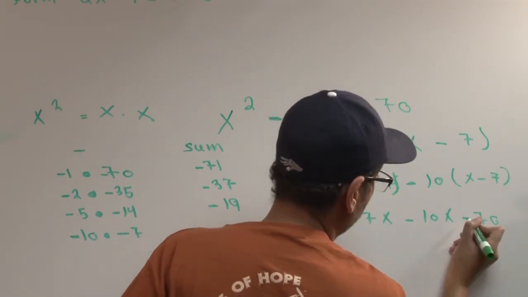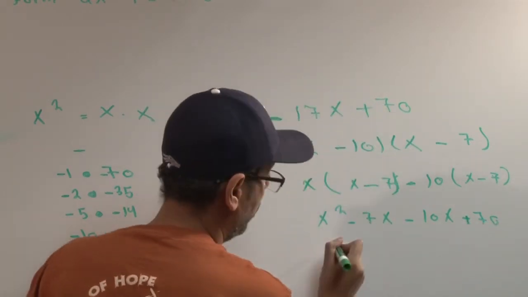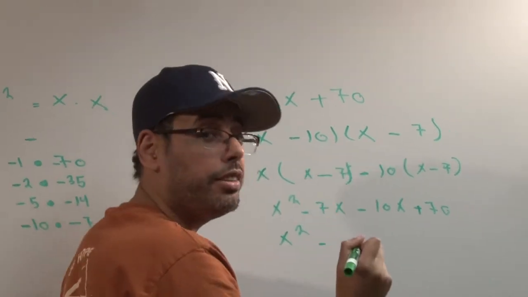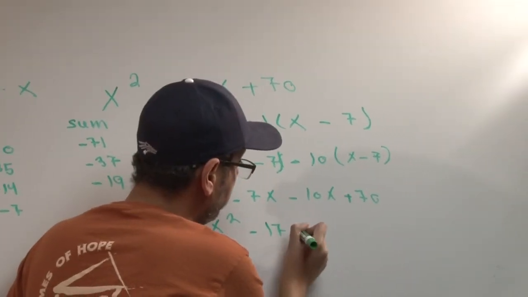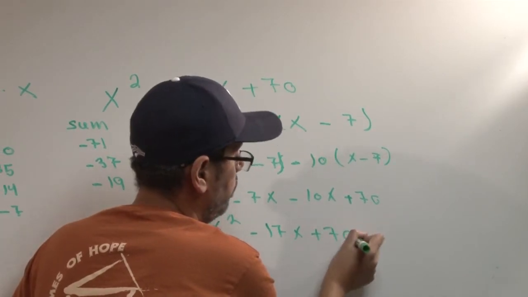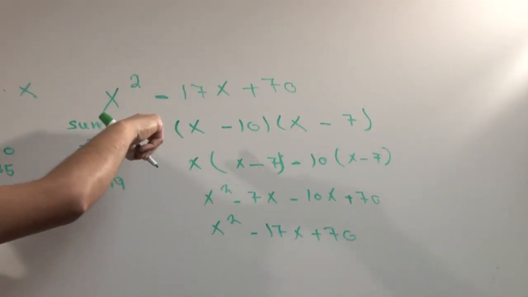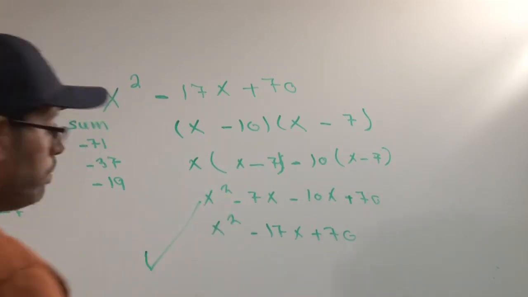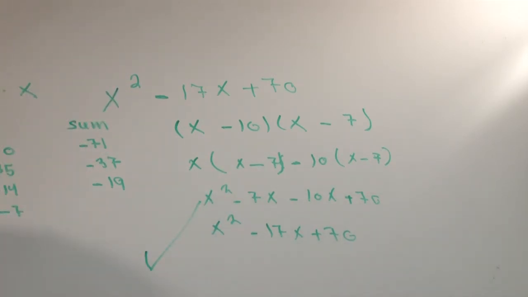Oh, excuse me, plus 70. So that would give me x squared minus 17x plus 70. Compare this with the above one, it's the same. My answer is correct. Let me get one more example.